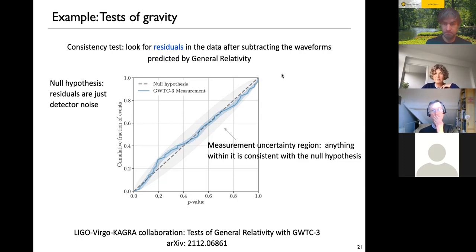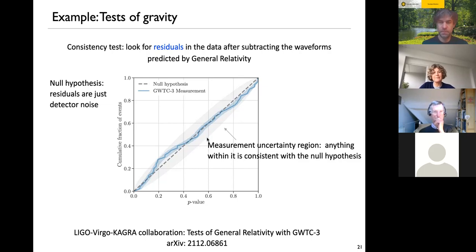In blue are the results from the analysis of all of the black holes that have been observed so far, and in gray is the measurement uncertainty. Anything within that uncertainty region is, as far as we can tell, consistent with no large residuals from some channel that is not just detector noise.